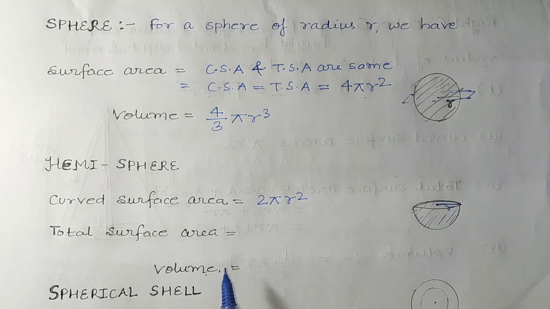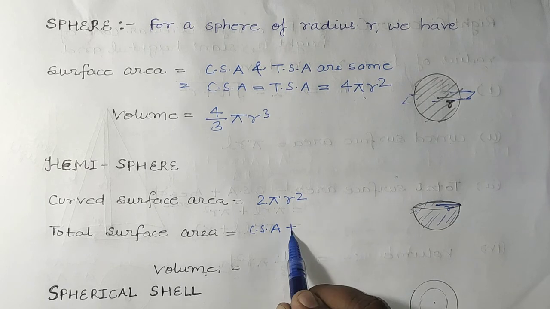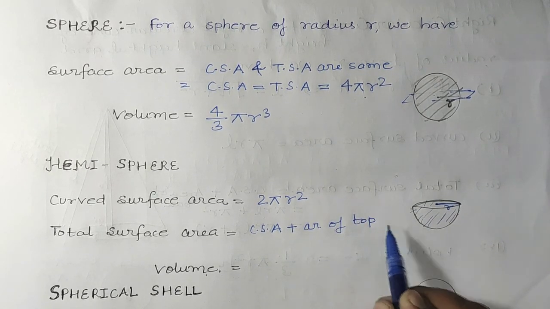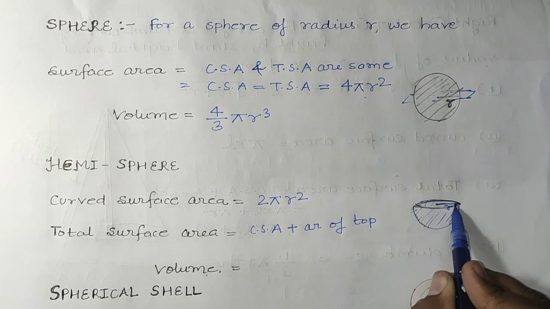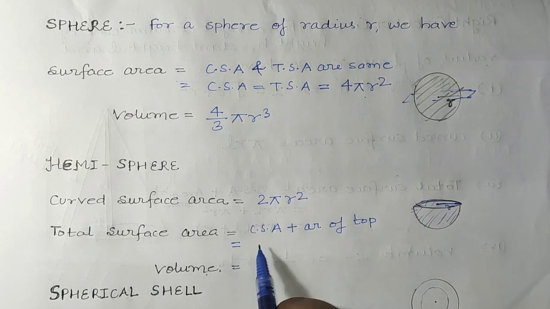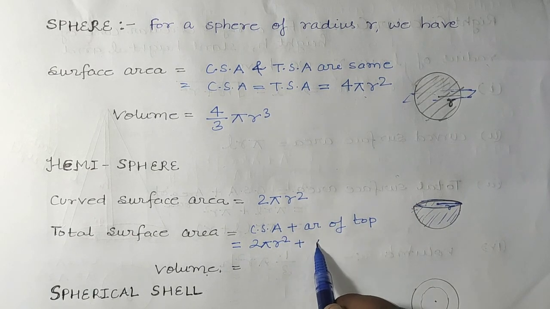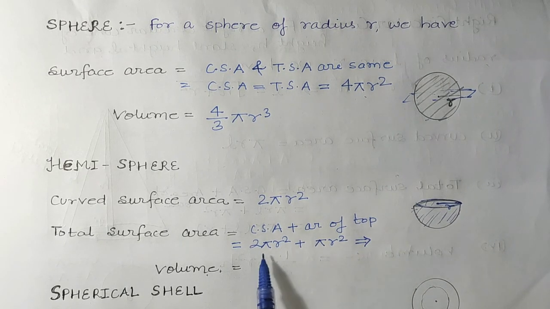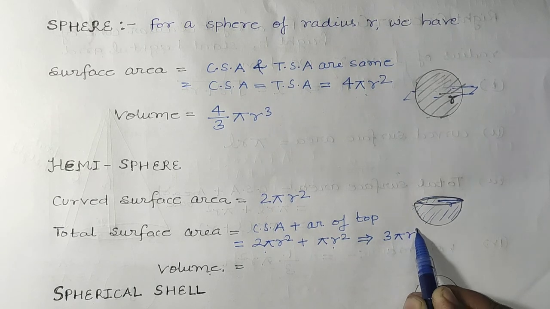So what will be the total surface area? To the curved surface area, we will add the area of the top. The area of the top is in the form of a circle. So it will be 2 pi r square plus pi r square, which is 3 pi r square.